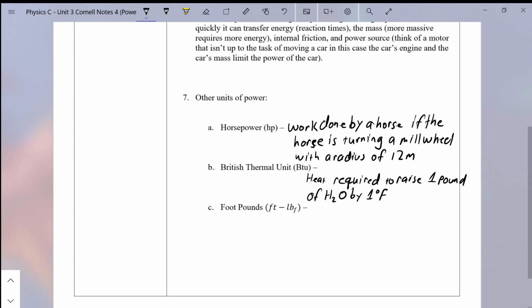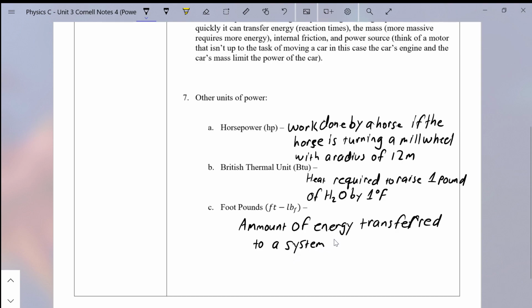Finally, there is a foot-pound, and this is the amount of energy transferred to a system when you apply 1 pound of force over a distance of 1 foot.